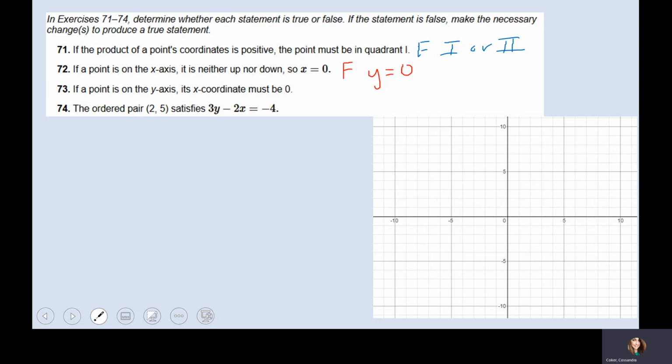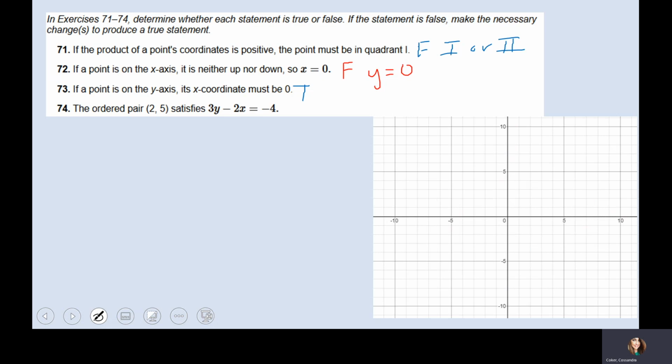On number 73, if a point is on the y-axis, its x-coordinate must be 0. So once again, if we're on an axis, more specifically the y-axis in this case, it says the x-coordinate must be 0. And that's correct, because earlier we discussed a y-intercept always has an x value of 0. And your x would be 0 here. So that is true.